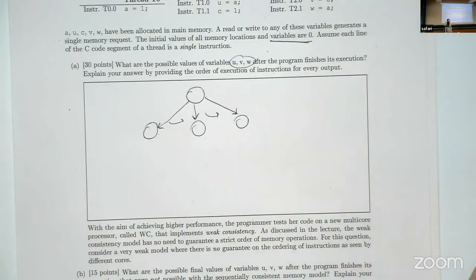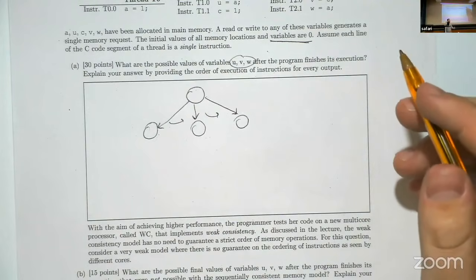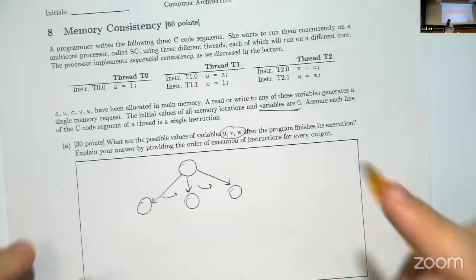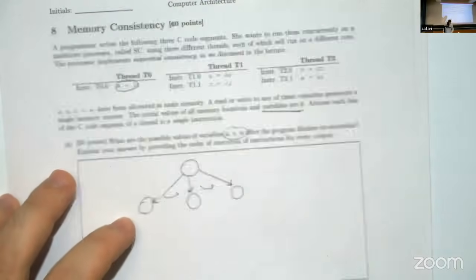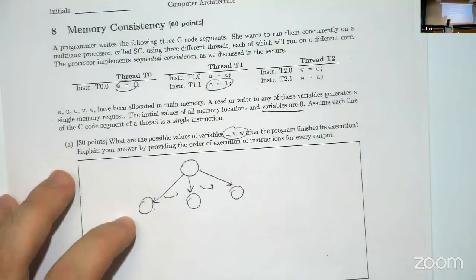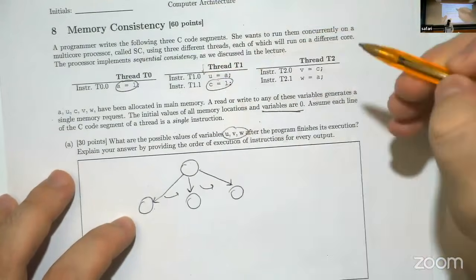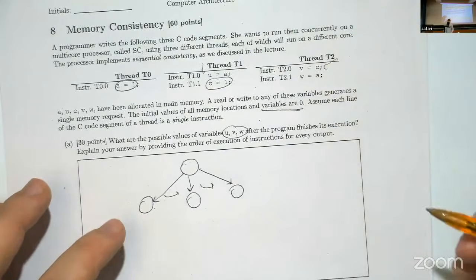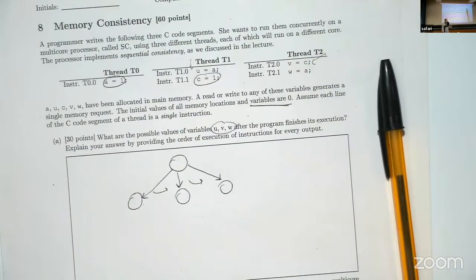So the way you will approach this every time you see a memory consistency question is to ask what all the possible values are that can occur. As you can see in the program, A is equal to 1 here, C is equal to 1, and here some jiggling is happening between U equals A, V equals C, which means that at the end of the day, we only have 2 values, 0 and 1.